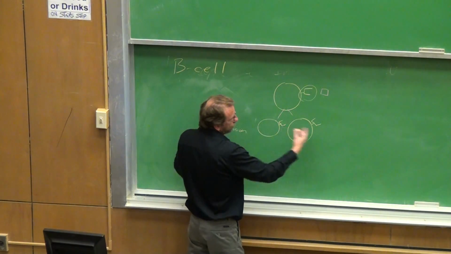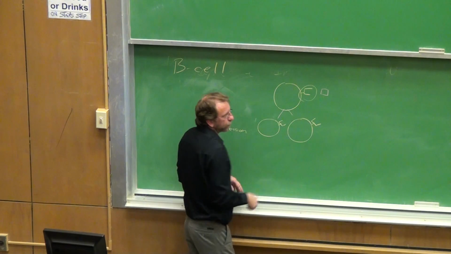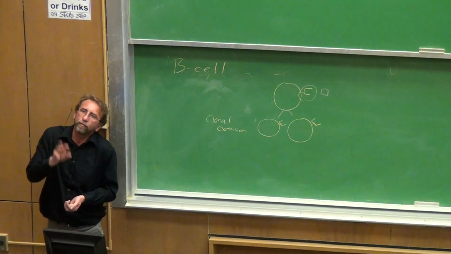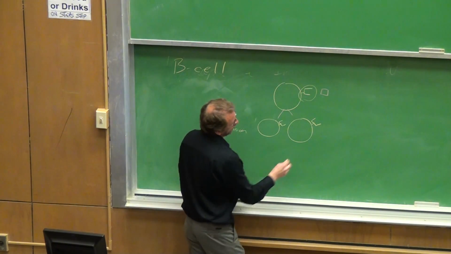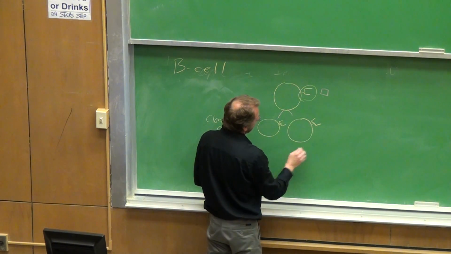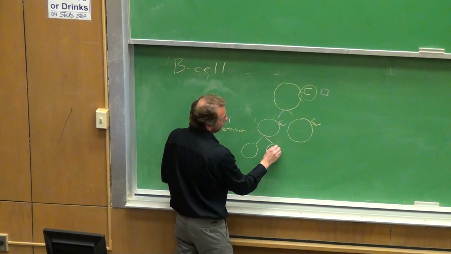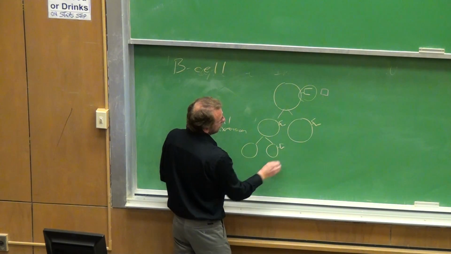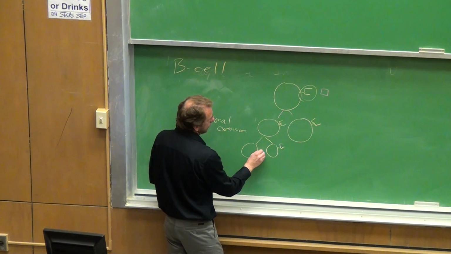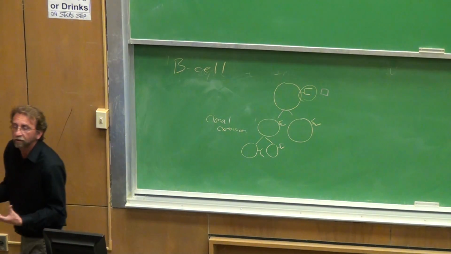As this clonal expansion is taking place, the surface receptors that recognize the antigen will be modified here and there a little bit. Modified in that their ability to bind to the antigen can change, such that maybe they start to bind tighter, or maybe they bind looser. There's a looser fit or a tighter fit.